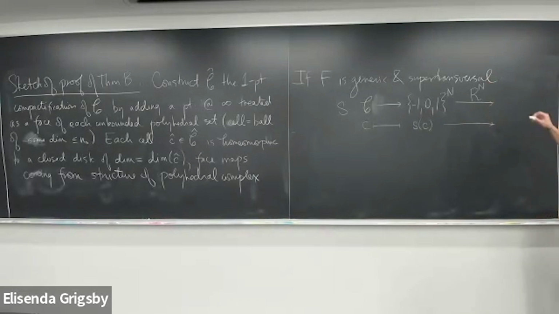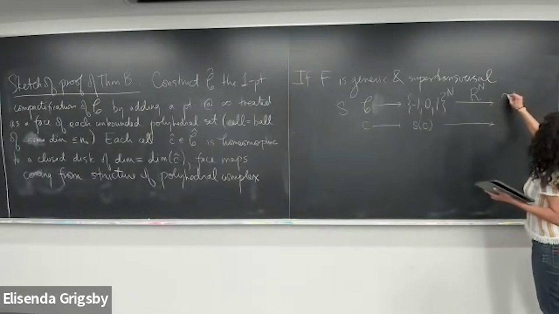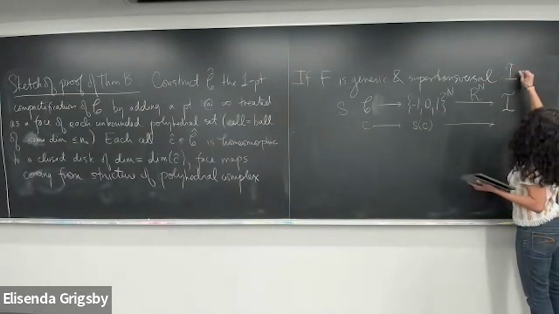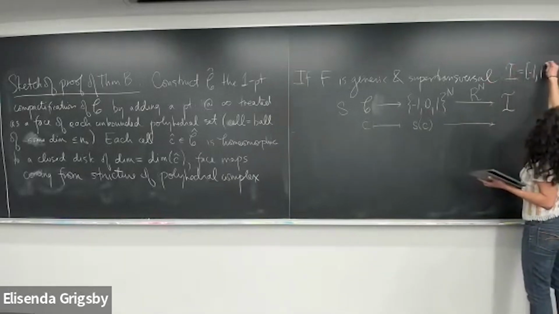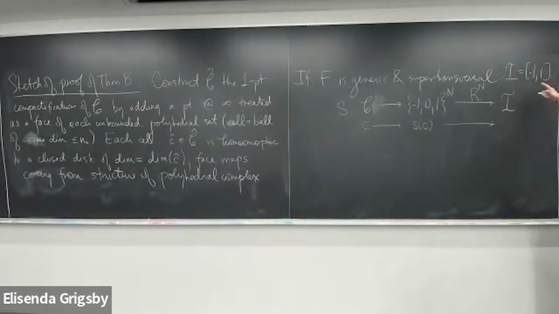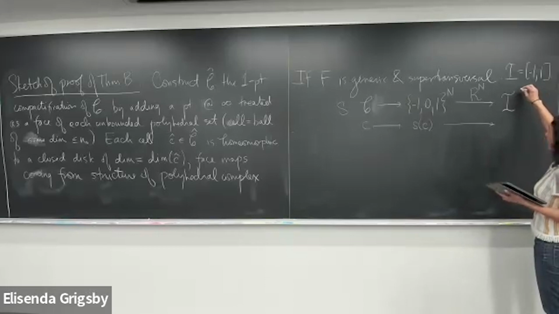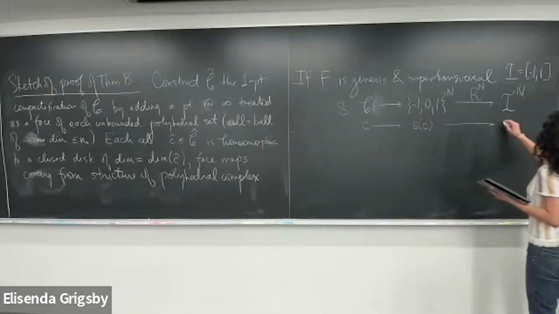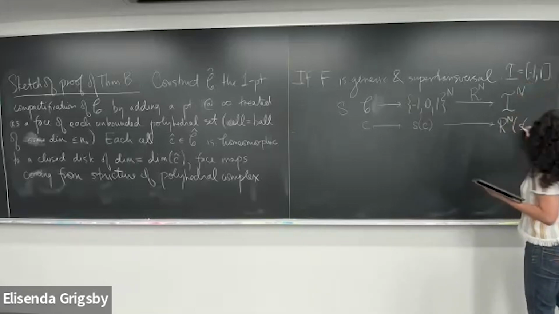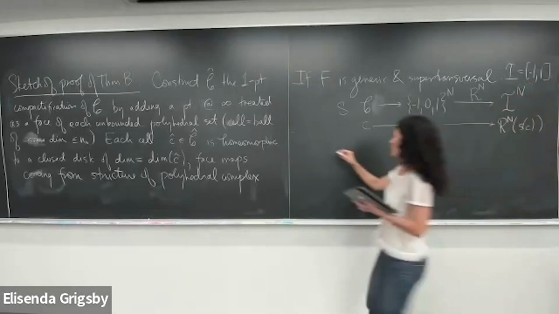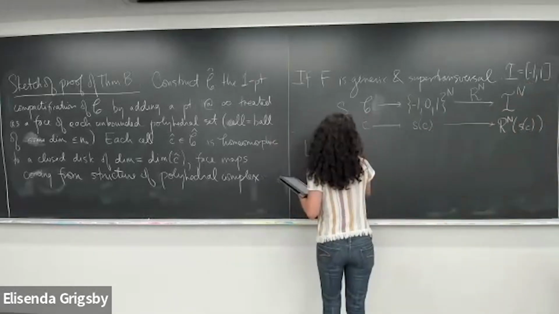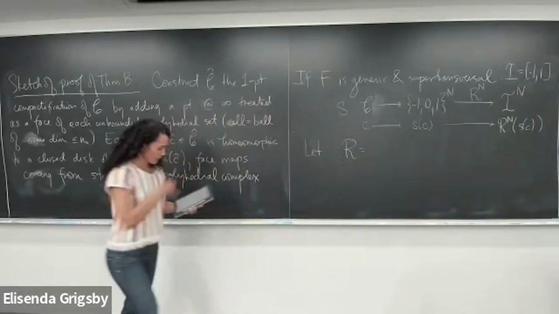I probably overused R, but now, if we let I be the closed interval from -1 to 1 viewed as a cell complex itself, so it's got 1 cell and 2 0 cells on the sides, now we have a map to IN. And here's how we're going to define it. So I'll just define it for each term.